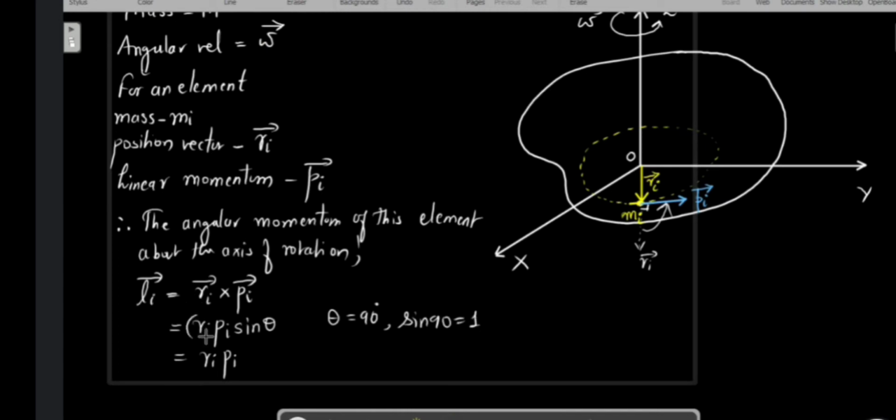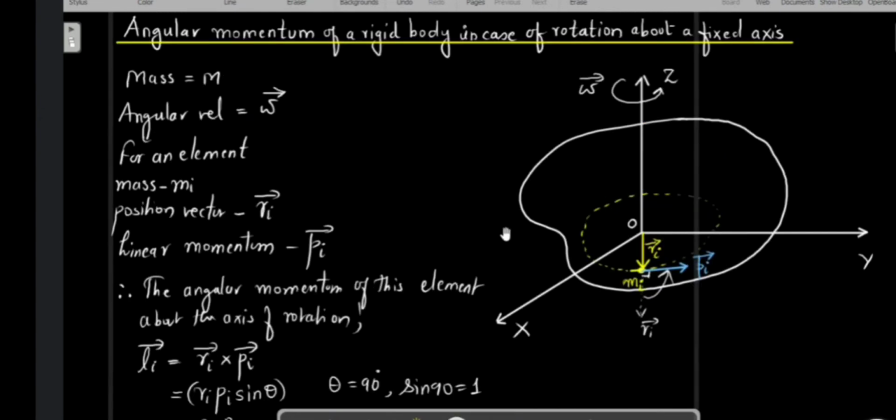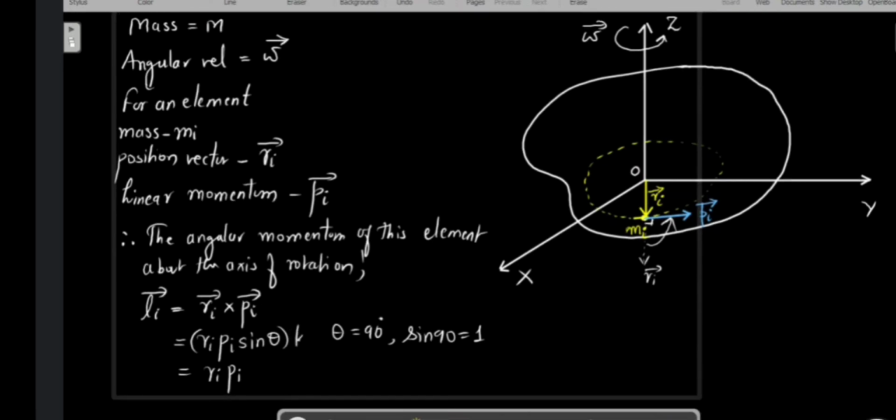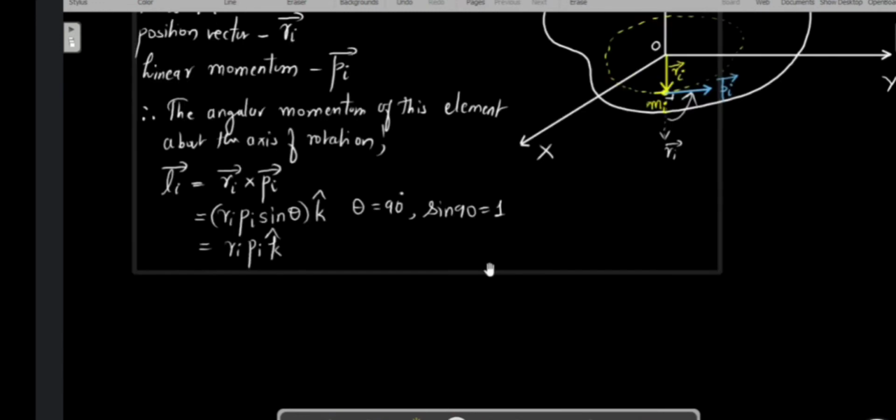But we have to mention the direction over here, and we just now saw, according to the rule of curling the fingers of the right hand from the first vector to the second vector, that is Ri to Pi, that the direction of Li is along the positive z-axis, so I will represent it as k cap. So I got the vector Li equal to Ri Pi into k cap.